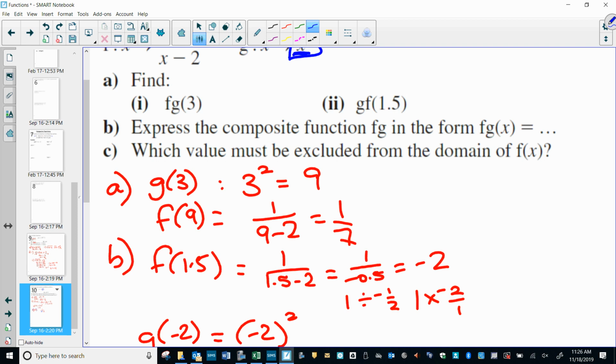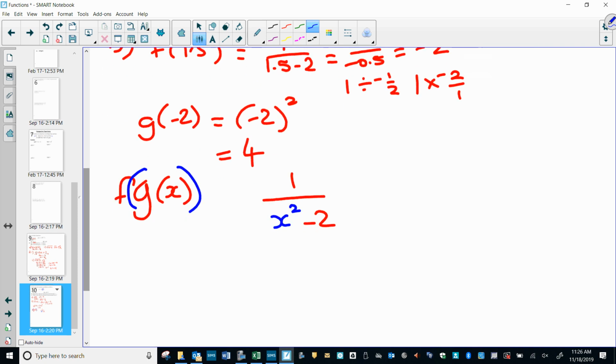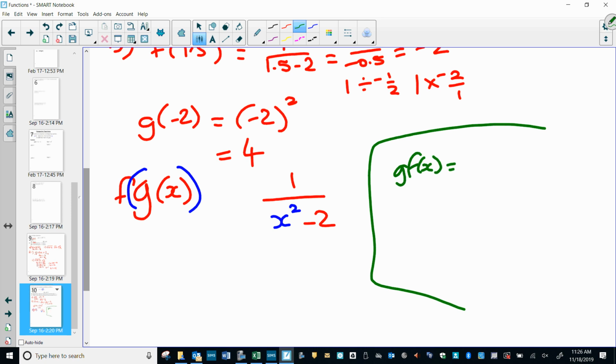Let's do that as a side question. So if it was gf, what did we say we had to do? Emily said that this one was x squared minus 2 because she put the function of g into f. So what are you going to do here?